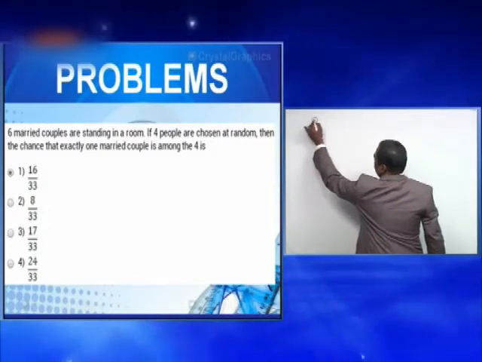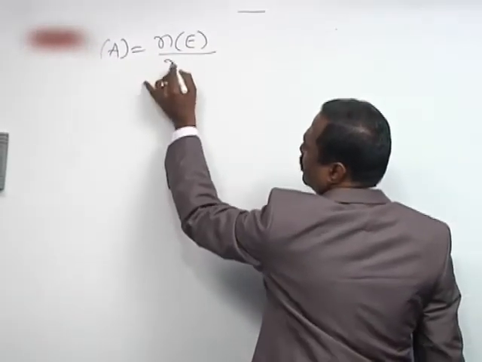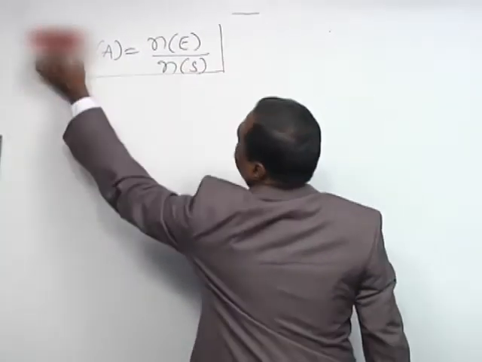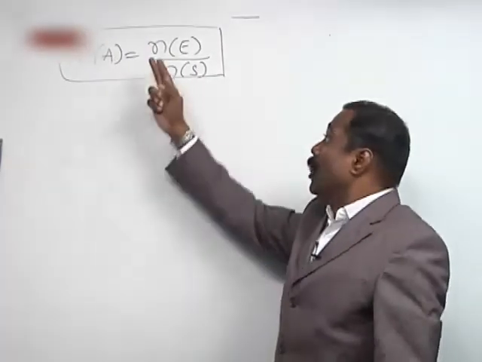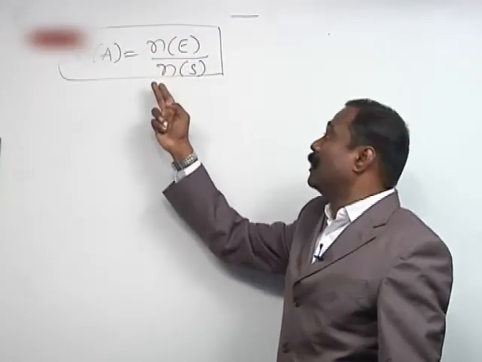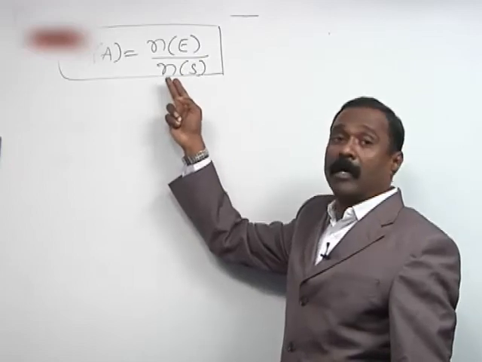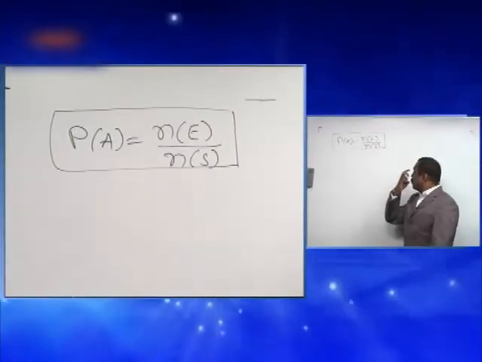From now onwards, I'll be using this: P of A is equal to N of E upon N of S. Probability of an event A is the number of favorable outcomes to A divided by the total number of outcomes in the sample space.